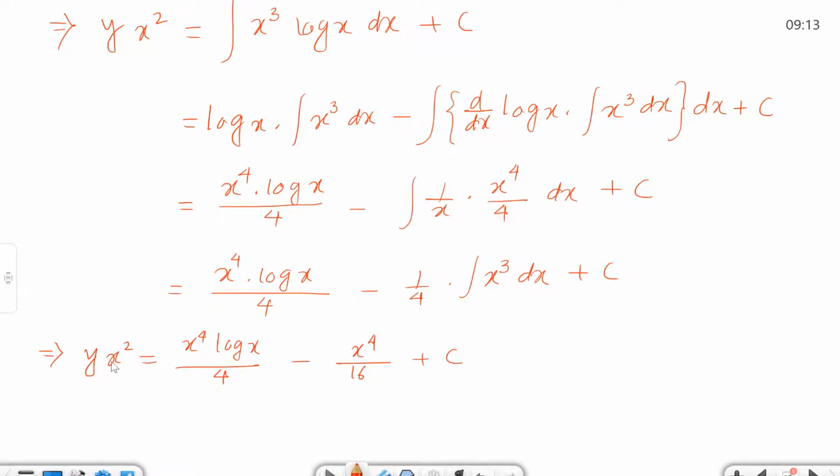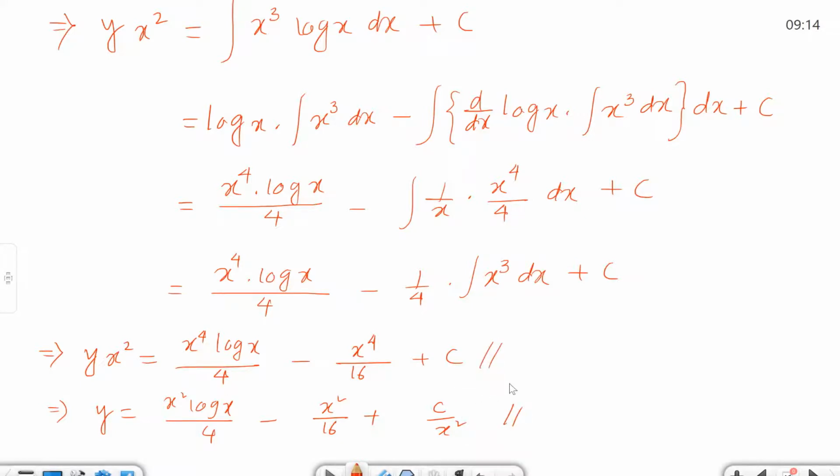You can divide by x square here, so the final answer you can write: y is equal to x square log x by 4, then minus x square by 16, then plus c by x square. You may leave the answer here or here also.